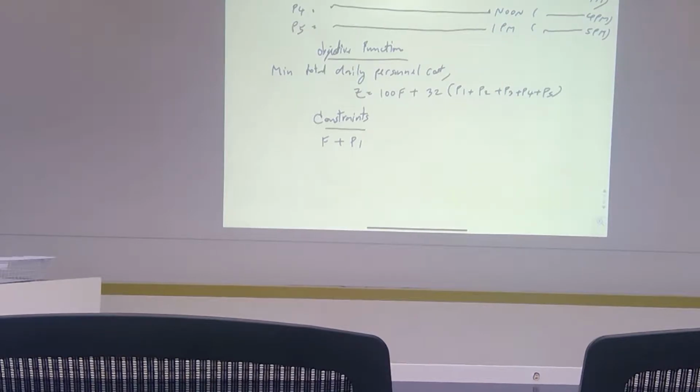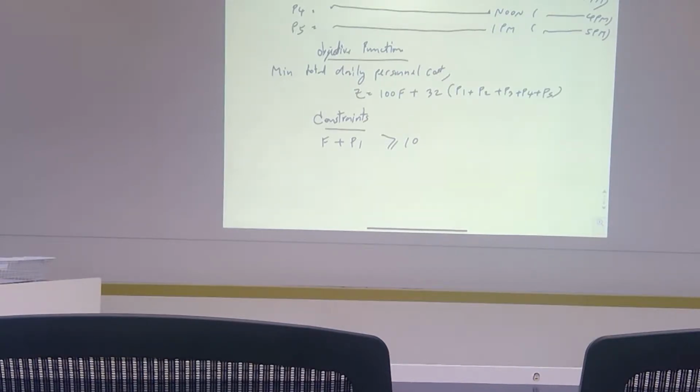So if we have full-time and part-time starting at 9, probably P1, they combine together, and we need to have at least 10 tellers required.